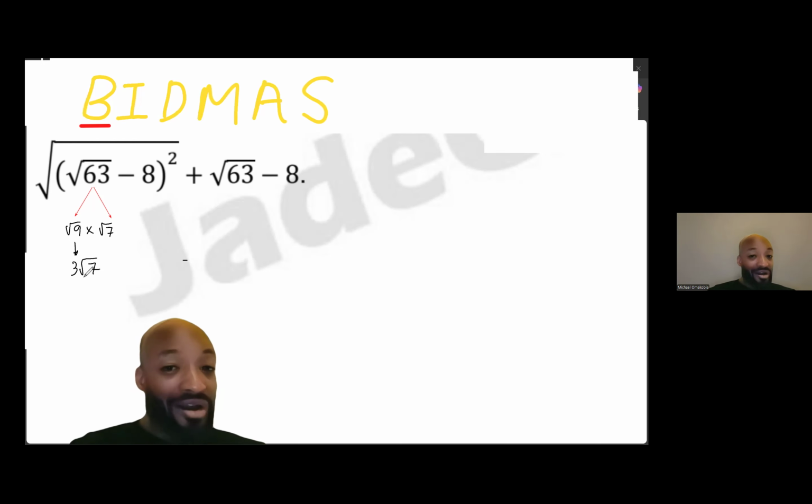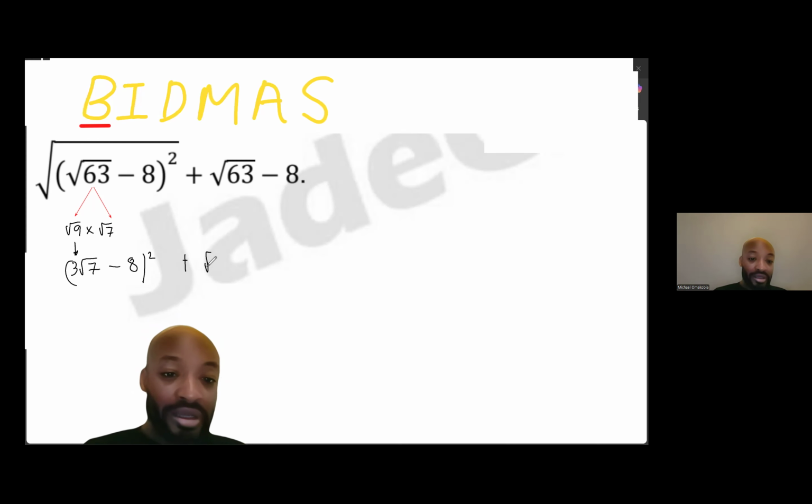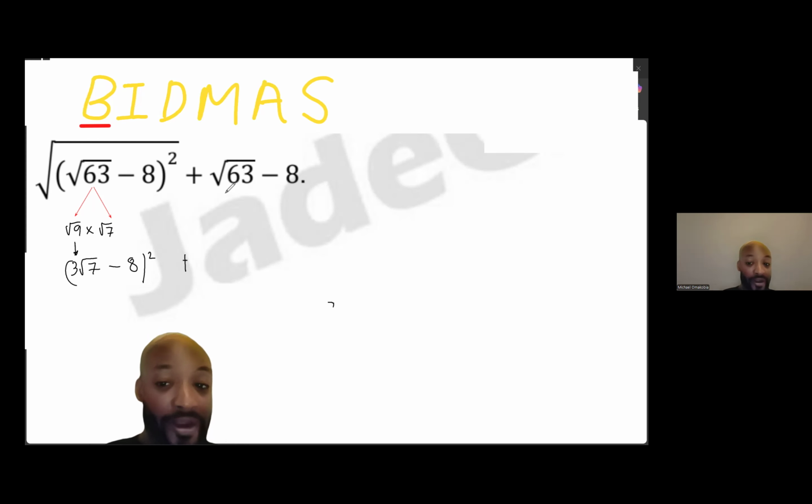So we're going to write this down as 3 root 7 minus 8, all squared, plus the square root of, we won't say the square root of 63 because we've just seen that the square root of 63 can simplify to 3 root 7.